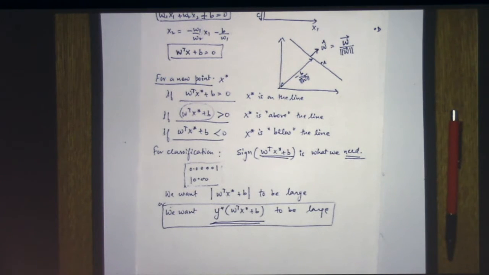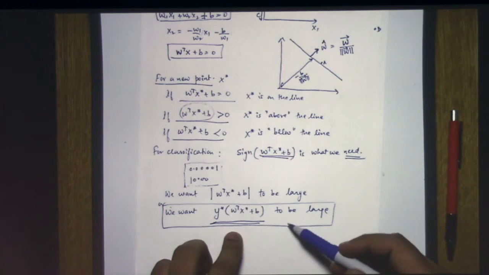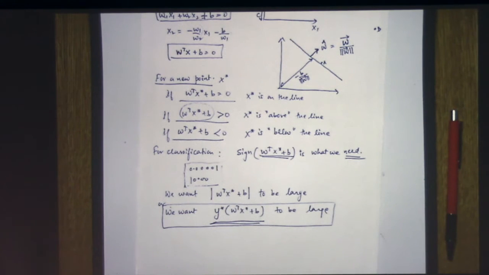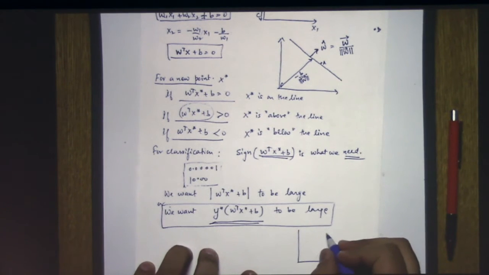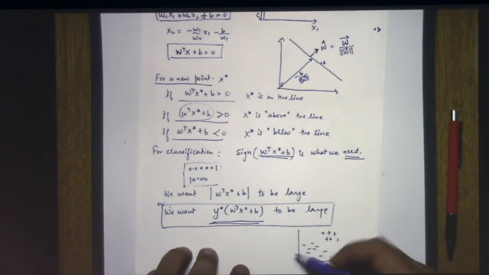Now we will say how to really quantify the margin, so that we can write an optimization program to maximize it. Another thing you should always remember is that you do want this to be large, but you also want it to be correct. For example, if I had a simple data set like this, I could have drawn a line far away somewhere here.